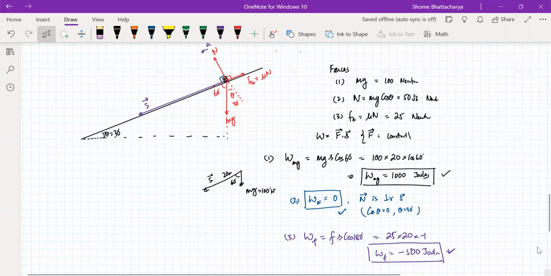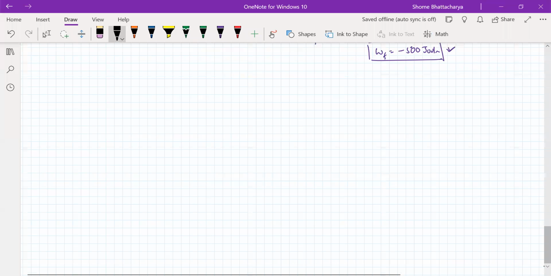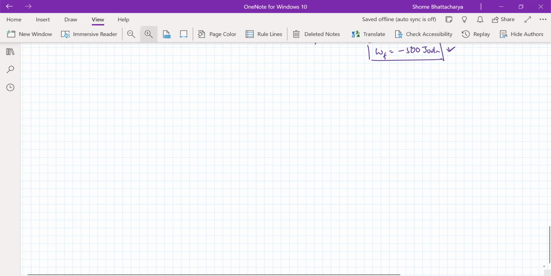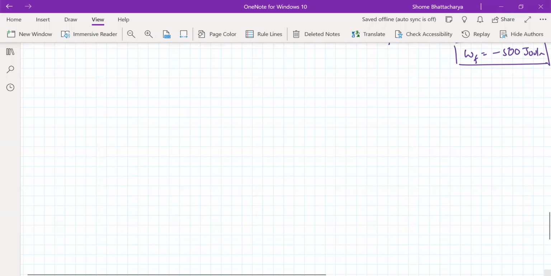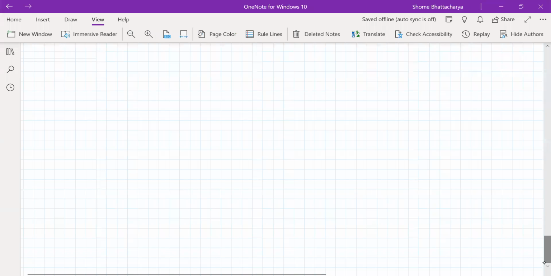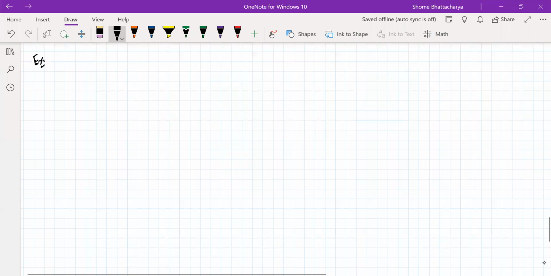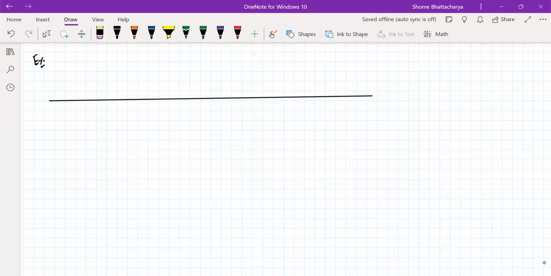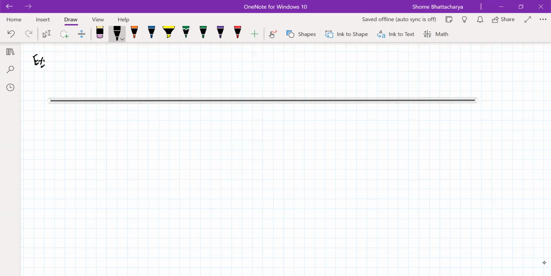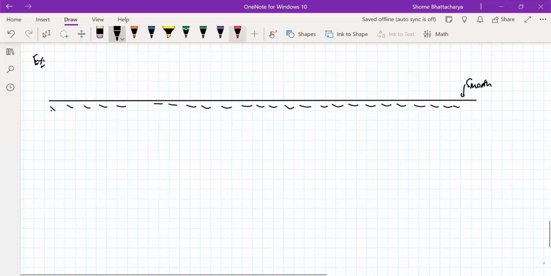So next example, we'll see a situation where we have to apply the general definition of work done we were talking about earlier. So we have this smooth horizontal surface, and on that we have placed a block of certain mass.